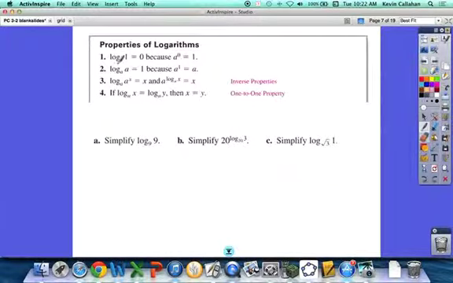If you convert it to an exponential, remember the base of the logarithm is the base of the exponential, the logarithm equals the exponent, so that 0 goes there, and the argument goes on the other side. So A to the 0 is 1. We already knew that anything to the 0 power equals 1. Saying log base A of 1 equals 0 is saying the same thing in a different way. They're just two different ways to express the same relationship.